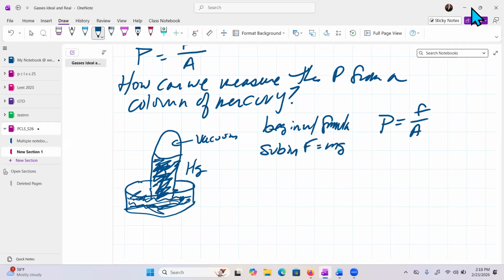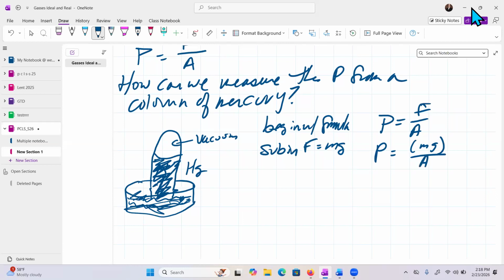Why is that? If you remember from physics, m is your mass, and g is your gravitational acceleration constant. So we're assuming we're on Earth and that there is gravity present. Then we can write P equals mg over the area, where the force is replaced by mg. So I just substituted it.